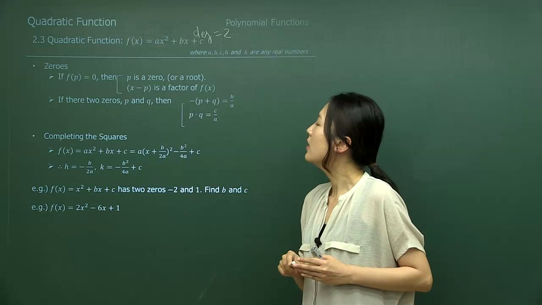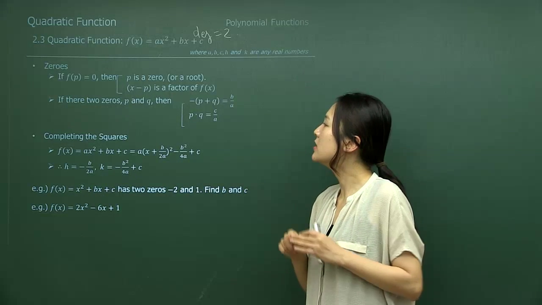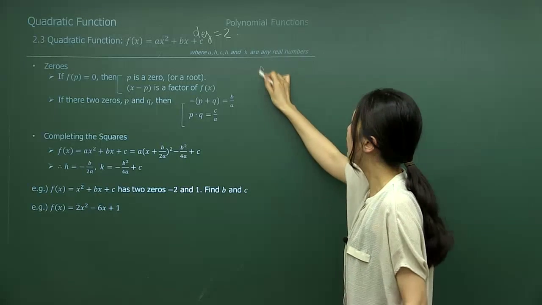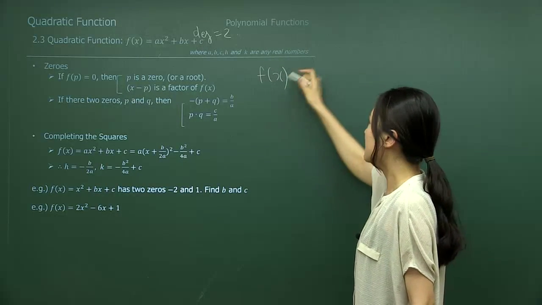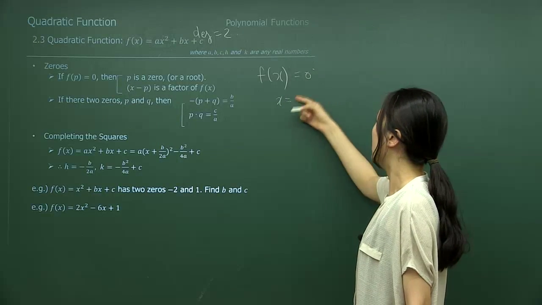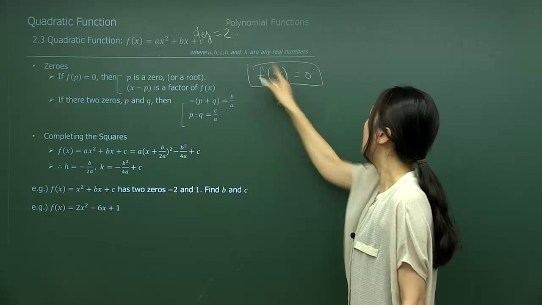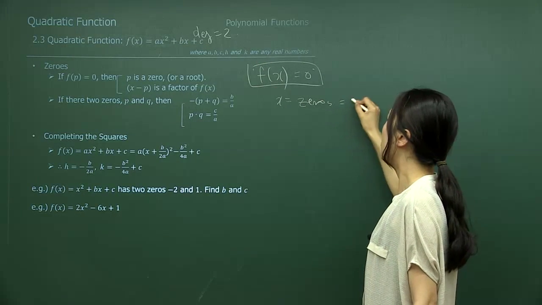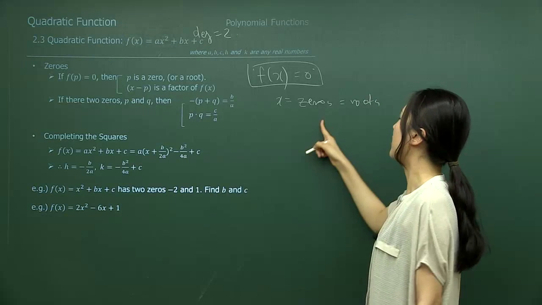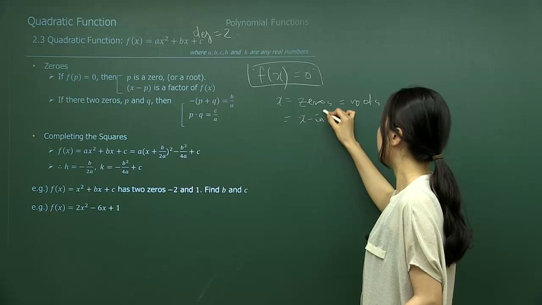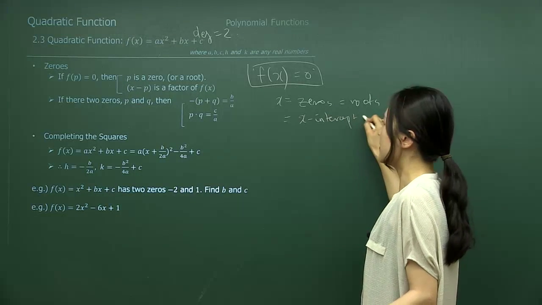Well, as I have mentioned earlier, zeros are basically the x-intercepts. So having f(x) equal to 0, what values of x will satisfy this condition? Well, that will be your zeros. Sometimes we call them the roots of the function, but they're also the x-intercepts. They are the same thing.